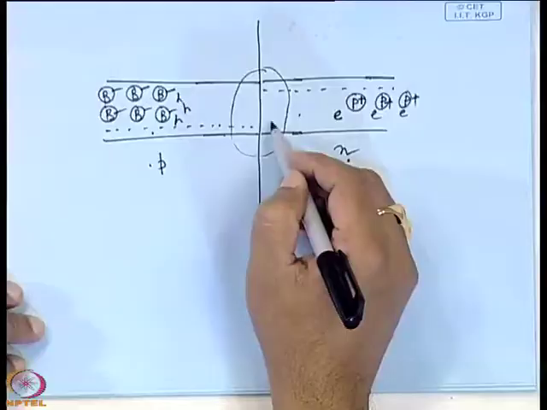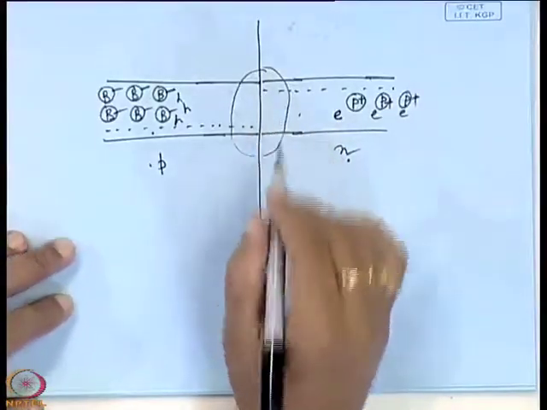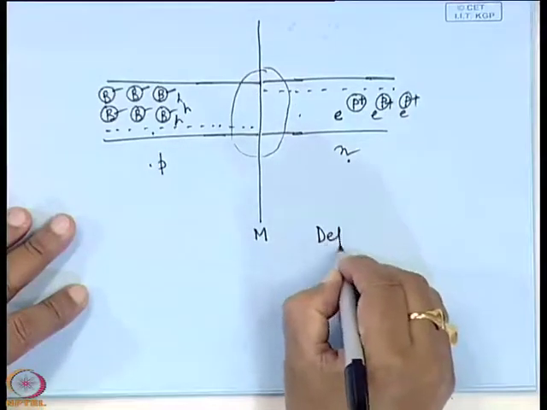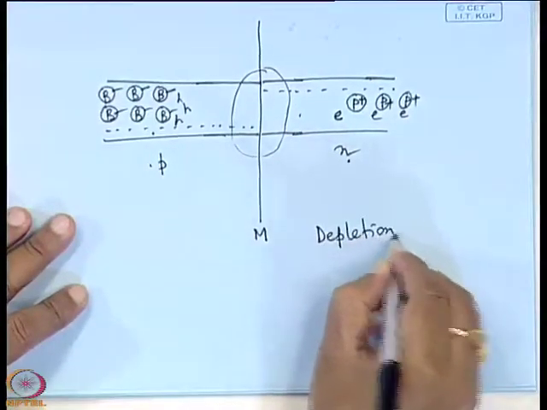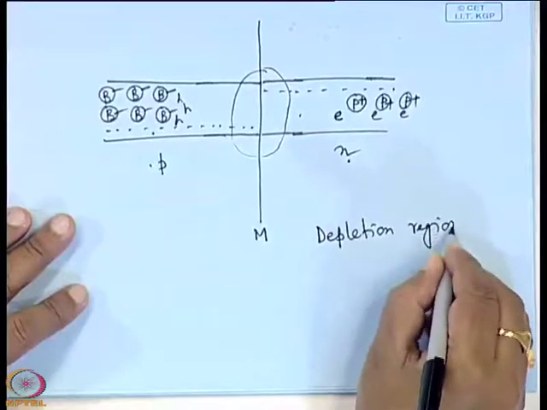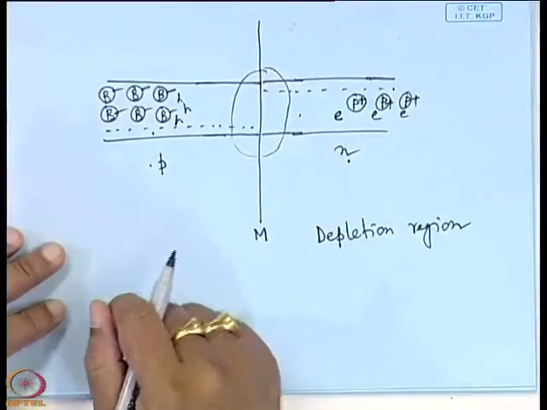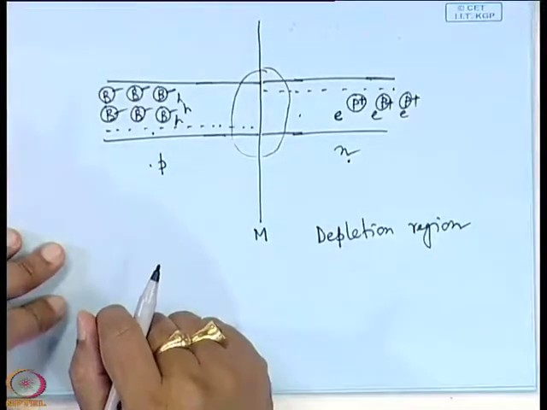Depleted of charge carriers means? Not neutral. Depletion means very few. Depleted here means some are left, but almost none. So, this region is known as the depletion region.